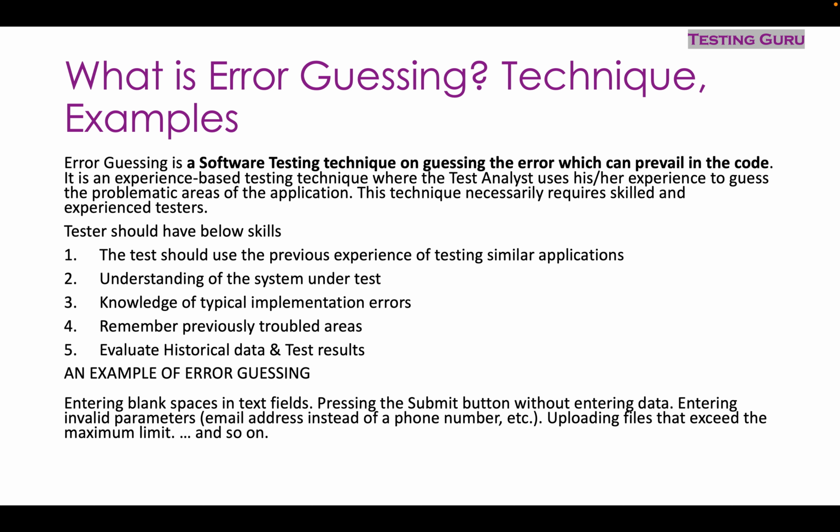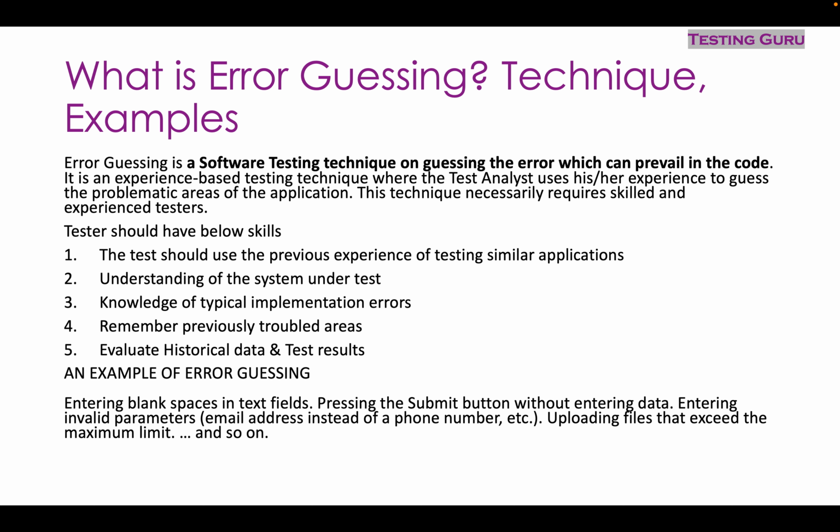I will give some examples of error guessing. Entering a blank space in a text field is considered error guessing. Pressing the submit button without entering the data: how does the application behave? This comes by experience.